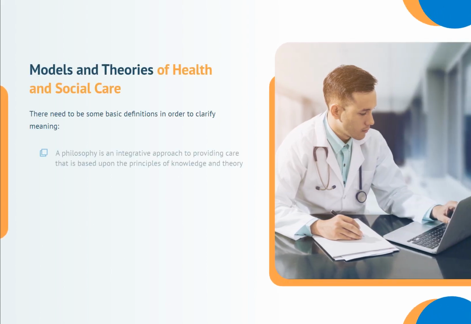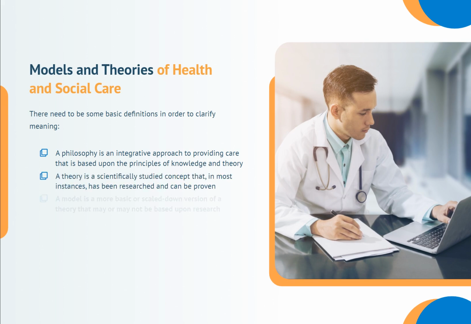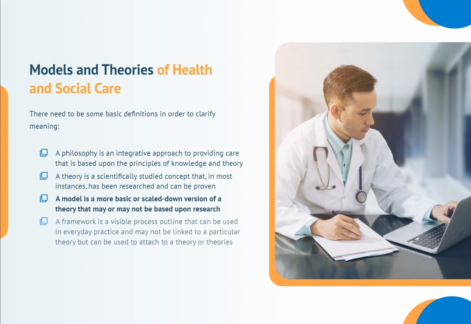Models and theories of health and social care. There need to be some basic definitions in order to clarify meaning. A philosophy is an integrative approach to providing care that is based upon the principles of knowledge and theory. A theory is a scientifically studied concept that, in most instances, has been researched and can be proven.